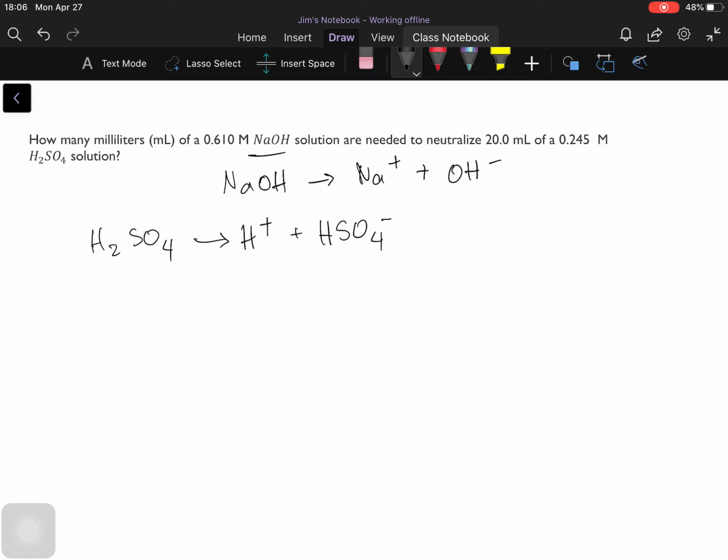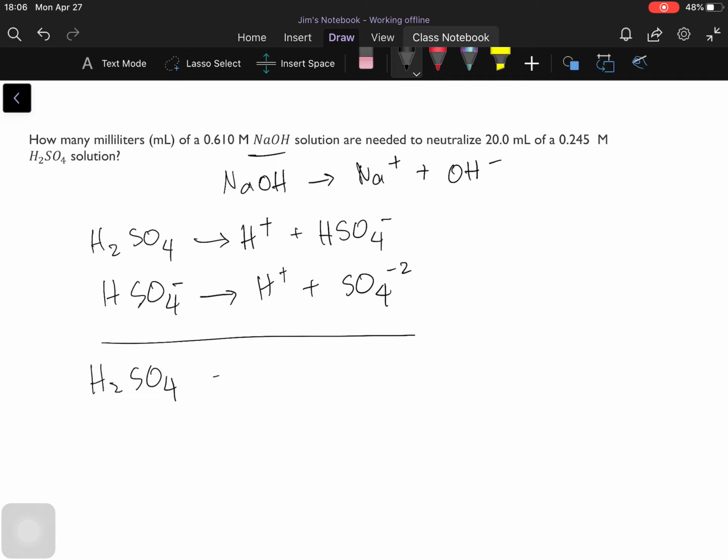Then this bisulfate ion will dissociate further to produce hydrogen and the remaining sulfate ion. So the general reaction for the sulfuric acid will be H2SO4 producing 2 moles of hydronium ion and sulfate ion. Take note that the bisulfate ions cancel together.